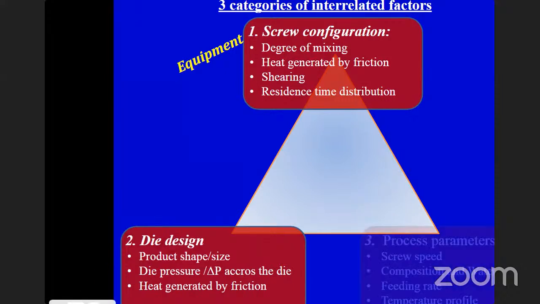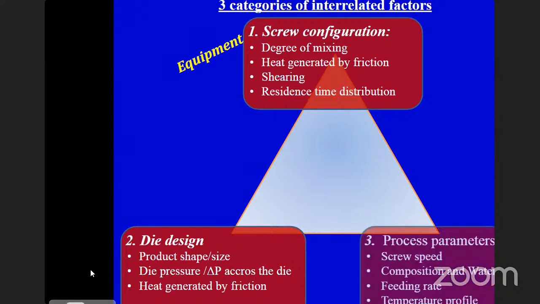The second category is related to the design of the die, which affects the product shape and size, such as die pressure and the dP across the die and heat generated by friction. The third type of factors is the process parameters or operation parameters, such as screw speed and temperature, and also composition of the raw material and feeding rate.